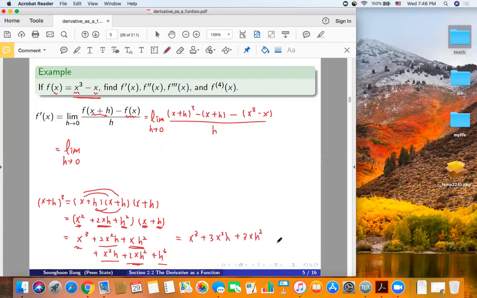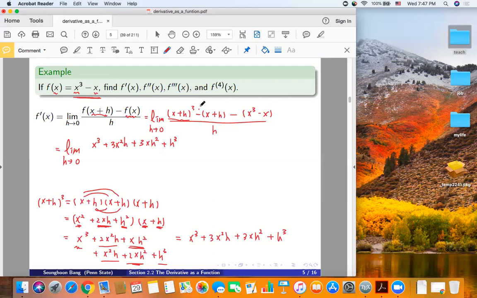Last one, h cubed. So we have this form. So this first part is x cubed plus 3x squared h plus 3xh squared plus h cubed.